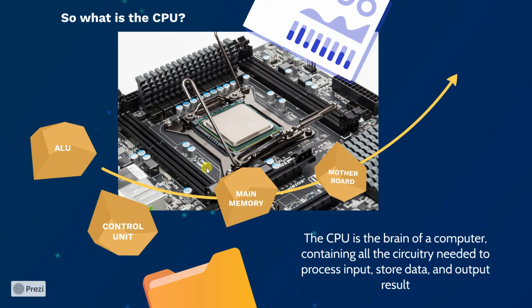So what is the CPU? The CPU is the brain of the computer, or the brain of a computer. It contains all the circuitry needed to process input, store data, and output a result. So pretty much think of the CPU as your brain.